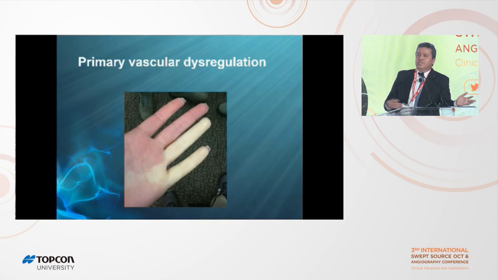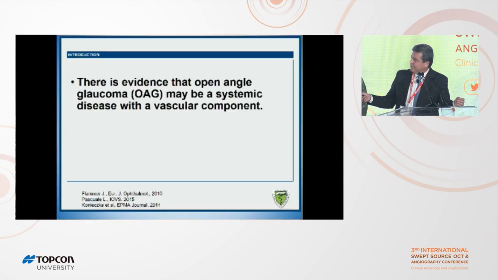we try to see if those patients with vascular abnormality in the back of the eye also have vascular abnormality in the peripheral vessels. Okay, so there is some evidence that open-angle glaucoma may be a systemic disease with a vascular component.